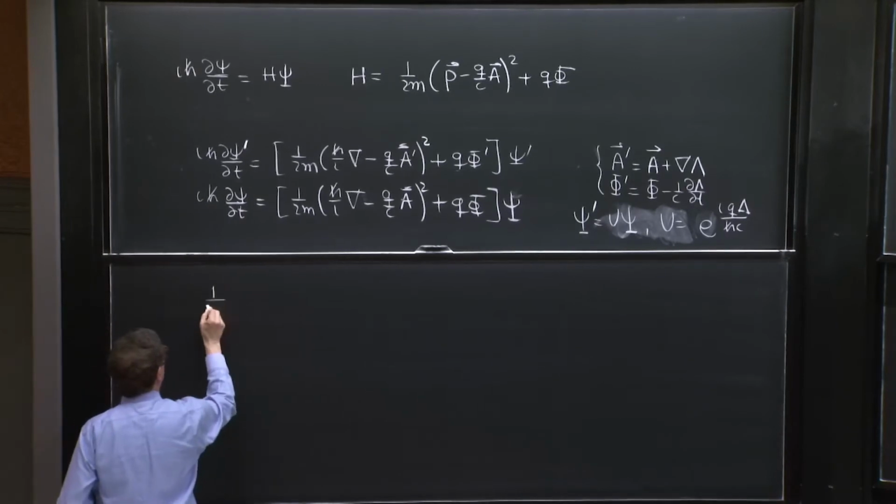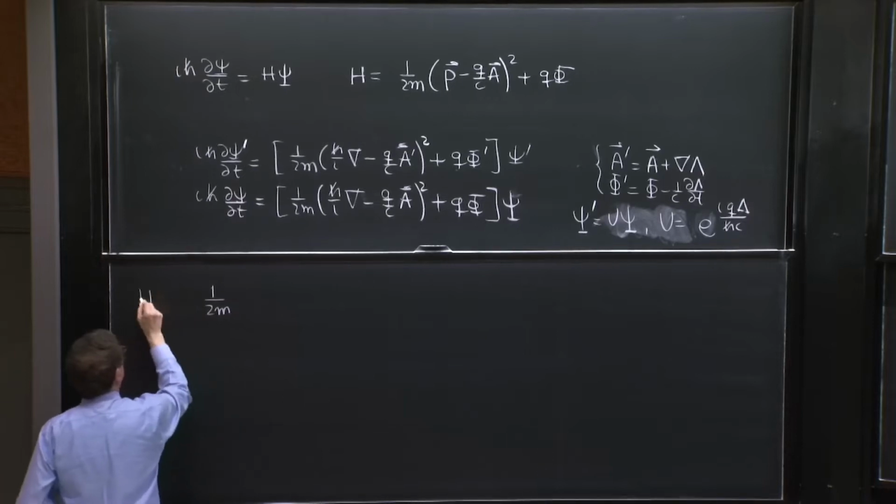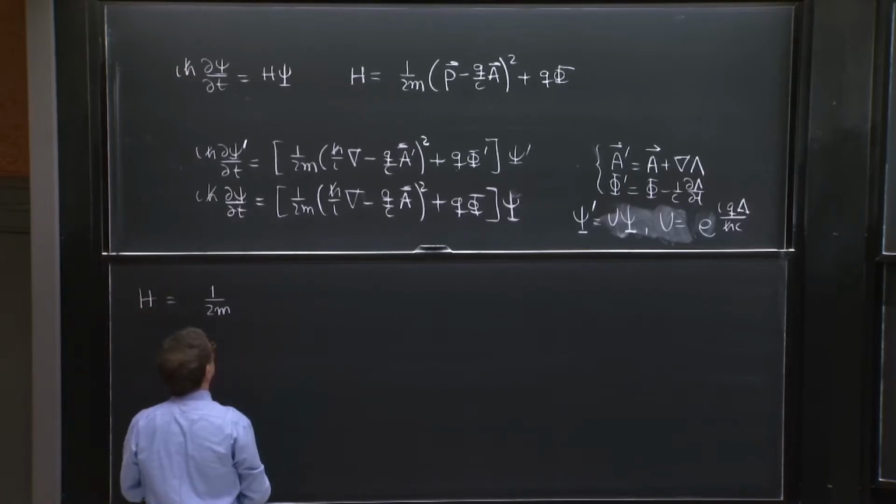Well, there's 1 over 2m. So for the Hamiltonian, 1 over 2m, and we have this factor squared.